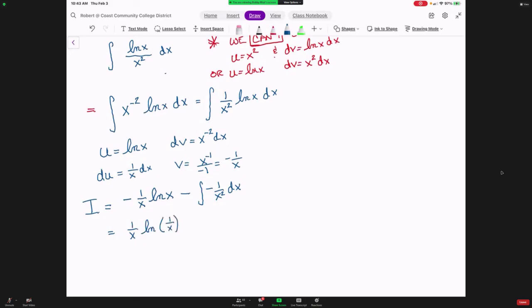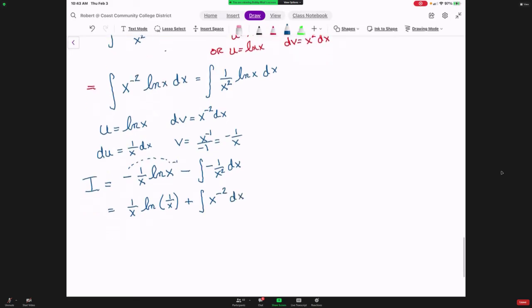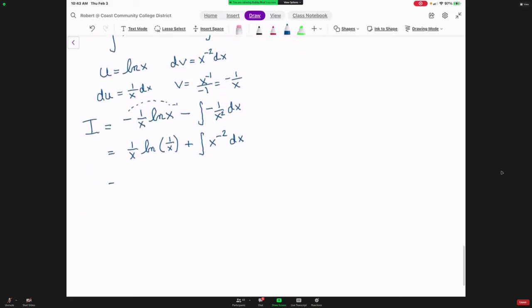Why did I do that? Why did I take this negative 1 and move it up here as the exponent? Because I know I will lose it. That's not a rule. You don't have to do that. It's just, I'm like that. I lose negatives. You saw me lose one on day 1. All right, so polish this guy off. And then that's going to be x to the negative 1 over negative 1.